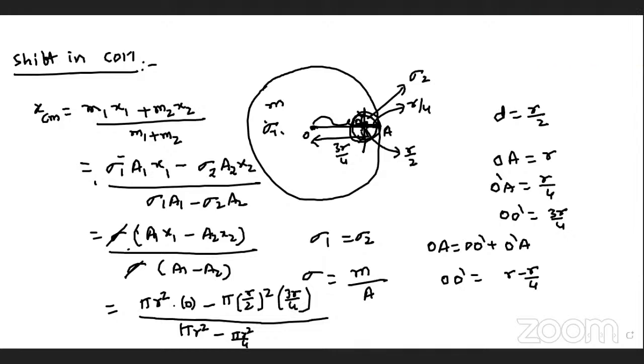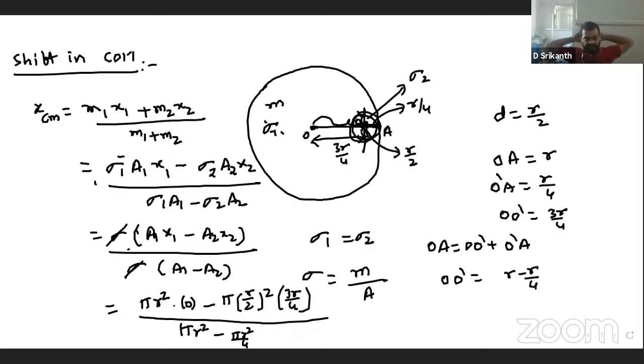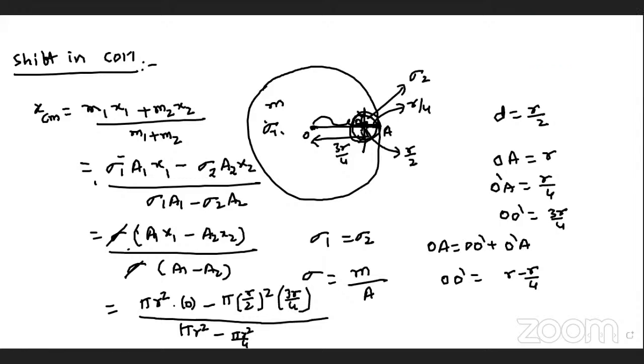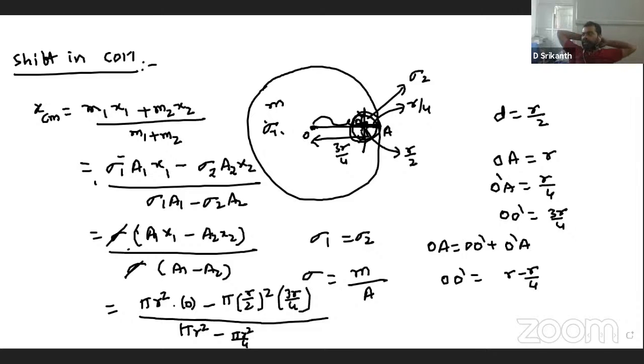Let us consider a circular ring of radius small r having a mass m1, as shown in the diagram.